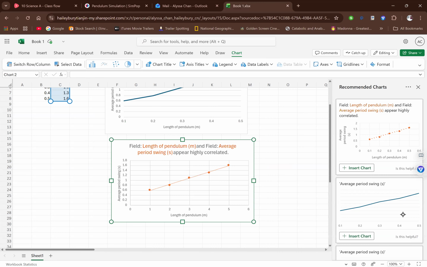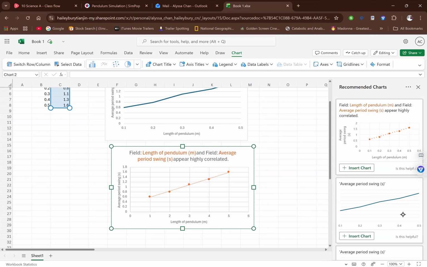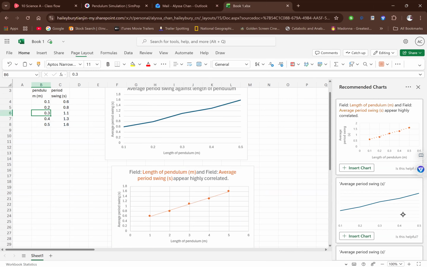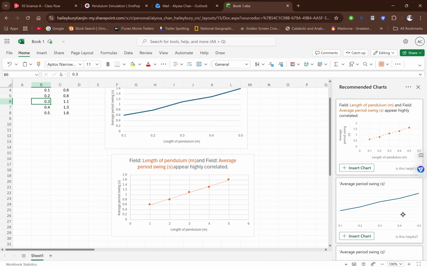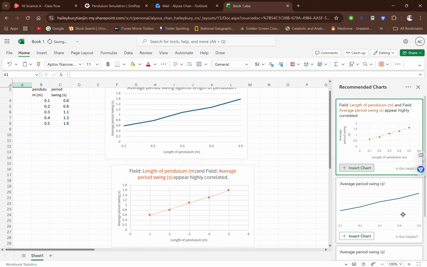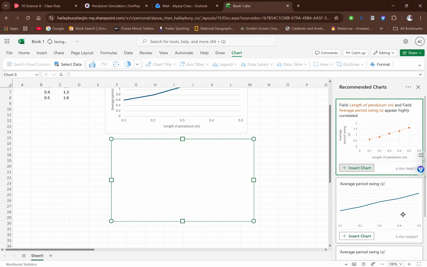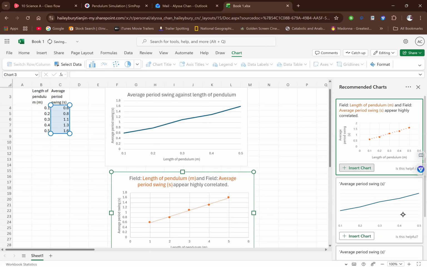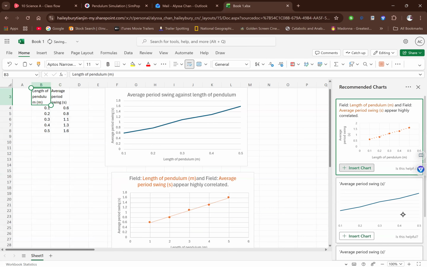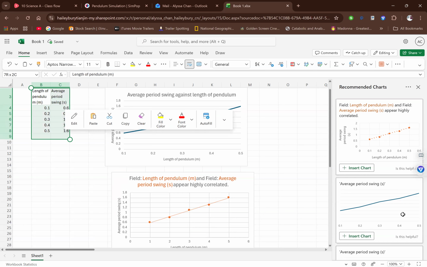So when it is 0.1, so you may need to change that. It's 0.1 actually. Length of pendulum is 0.1. So it's actually 0.1.